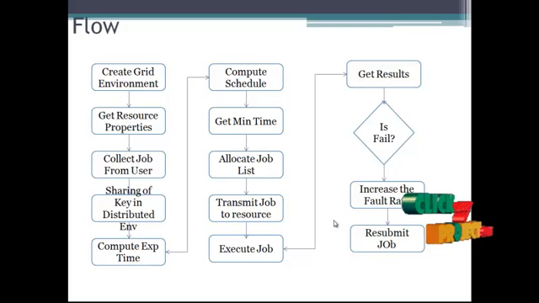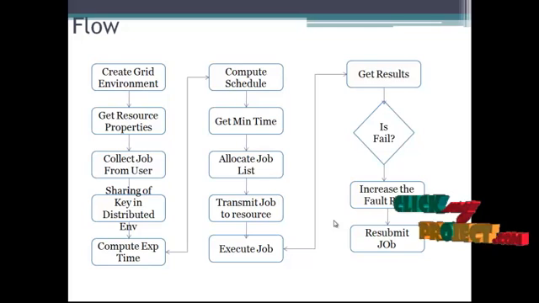Here the jobs are collected by the scheduler. The scheduler will monitor all resources and compute the expected time for each resource for a particular job. After getting this, we have to get the minimum time, choosing the one with the lower failure rate. Now the job will be allocated to that particular resource. Once the allocated list for all jobs is ready, the transmission of jobs will be performed.